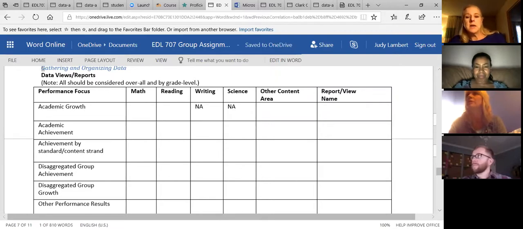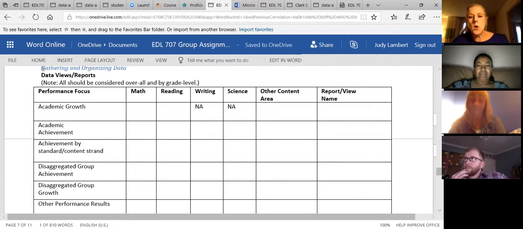You don't have to do it by content because your data for Louisiana is not broken down by content. If you're doing Texas data, this is a very easy chart. For Louisiana data, was there academic growth? If there wasn't growth from 2016 to 2017, you would just write no in the math column, no in the reading column, no in the other content, etc.